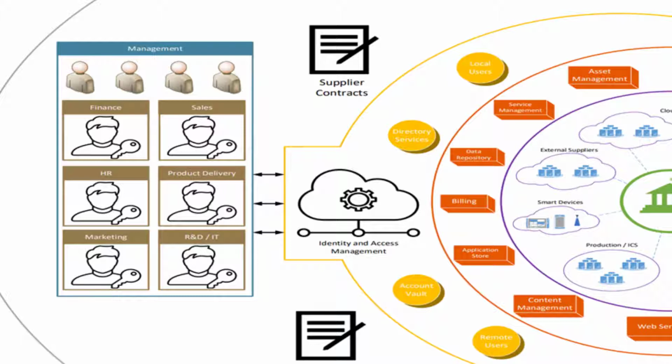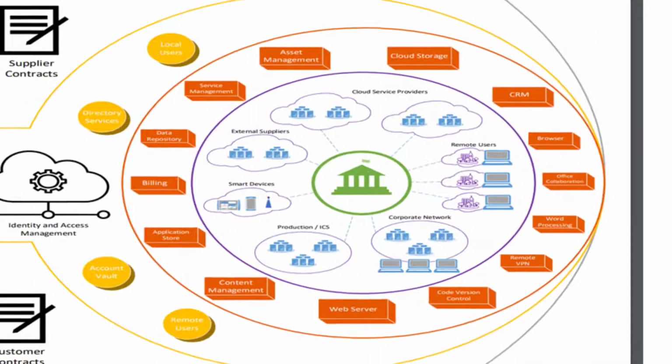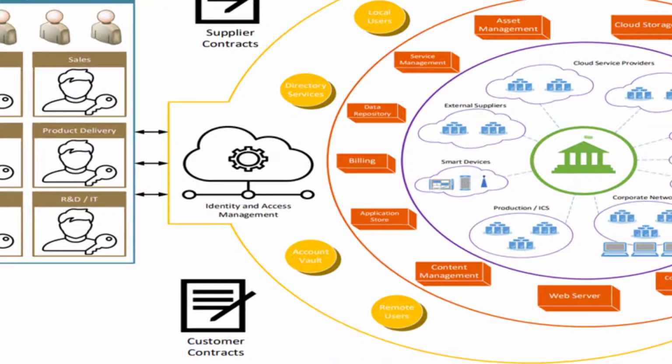For the same token, cyber incident reporting and problem reporting should have input to the recovery planning process, since they are the frontline personnel handling anomalies that could become a disaster event. Your network should be arranged in concentric rings that protect data and company records. The outer ring contains access controls for local users, remote users, directory services, and the account vault, containing access rules and privileges for local and remote users.